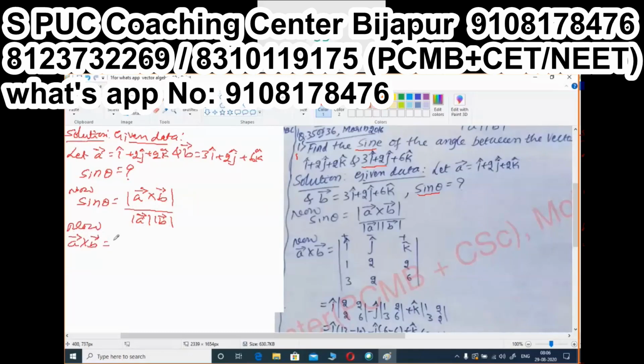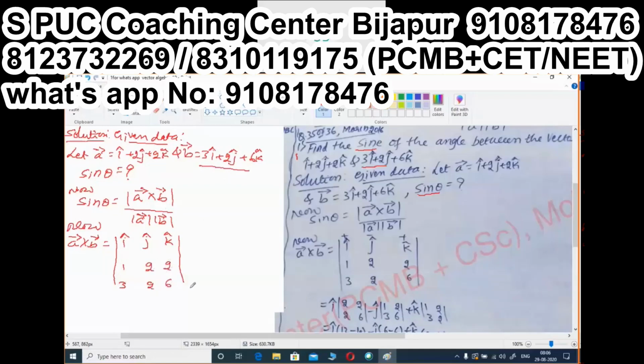As you well know, you express it in terms of a determinant: i cap, j cap, k cap. A vector's coefficients you write in the second row, that is 1, 2, 2. Next, the B vector's coefficients, write here, that is 3, 2, 6.